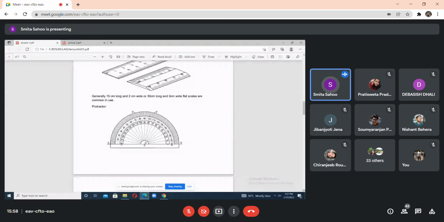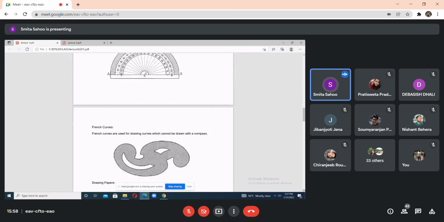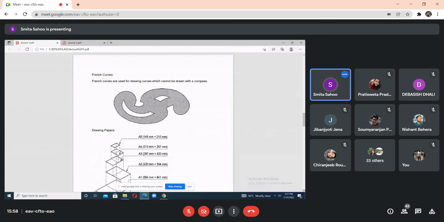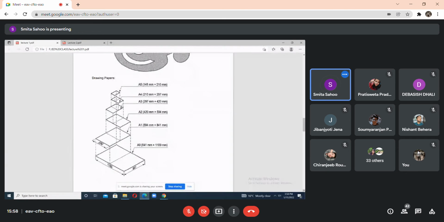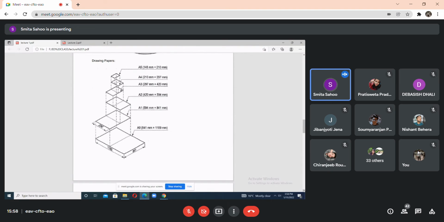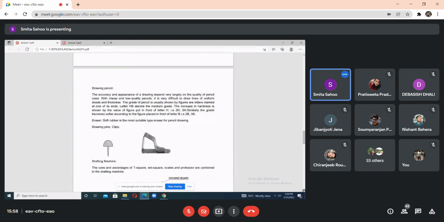Now this is a protractor. Everyone is very much familiar with this instrument for measuring angles. And these are the French curves, which are used for drawing curves. And here is the drawing paper, which comes in different sizes.